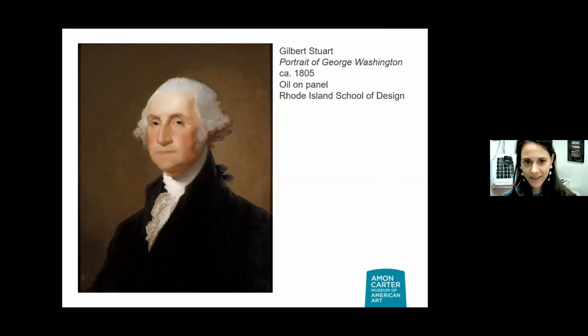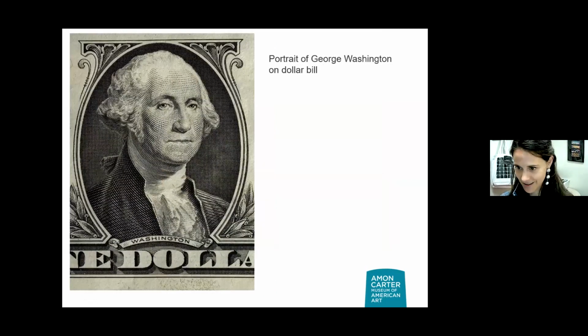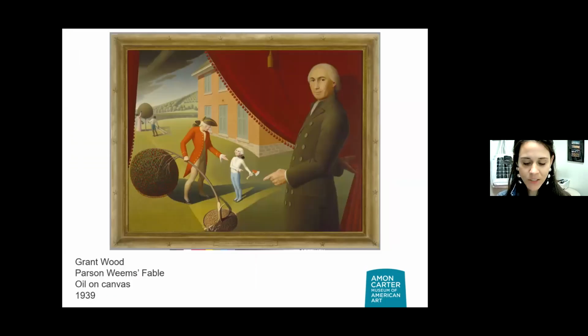You might recognize that George from this portrait by Gilbert Stuart, who also appears on our dollar bill. So that is the appropriated piece within this artwork. It's the picture of George Washington.